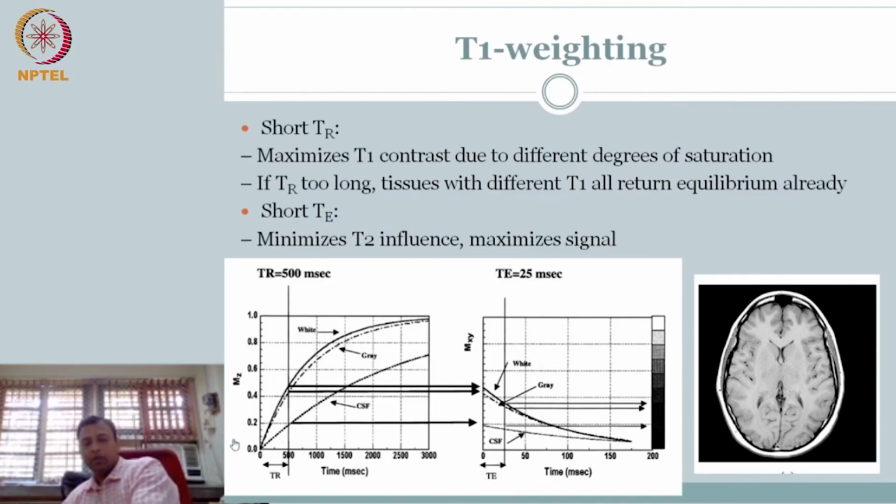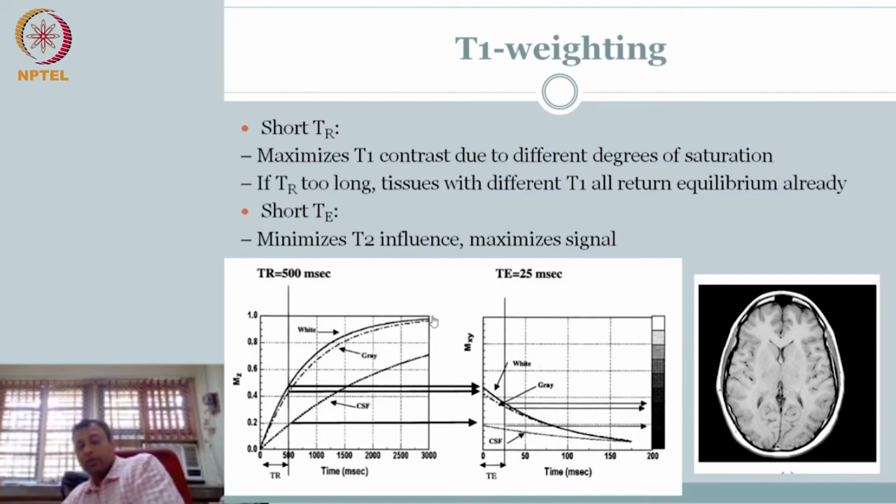Okay, so same plots as before. Instead of waiting for saturation, now I am exploiting the difference in T1. Here I have differences that I want to allow, the rate at which it goes up in this case. That is the T1 contrast I want. So I'm going to start at a lower level.